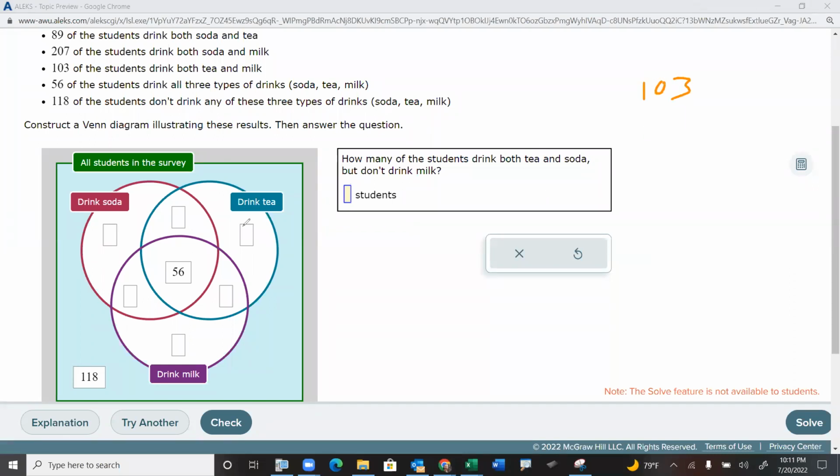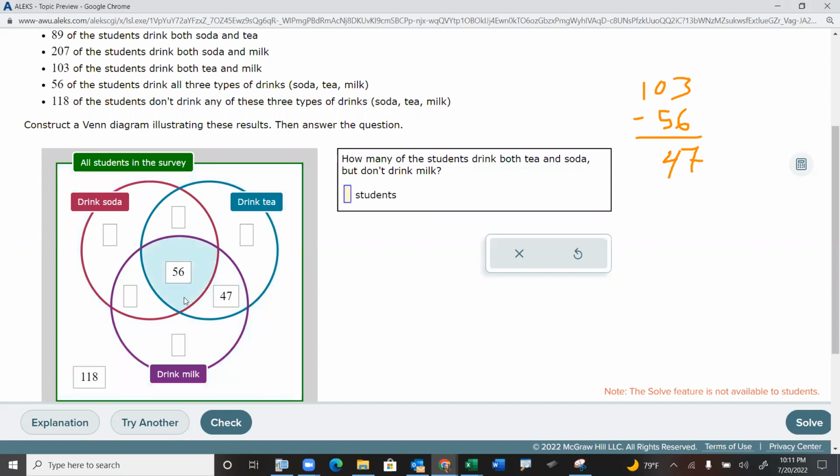Well, we've already got 56 of those people accounted for. So how many does that leave left over? Let's see, 47. Okay. So 47 people left, and now, in the region where tea and milk overlap, there are 103 people there now.